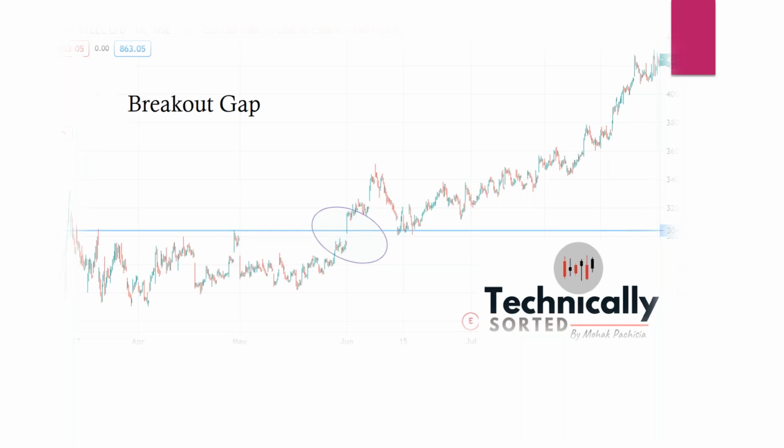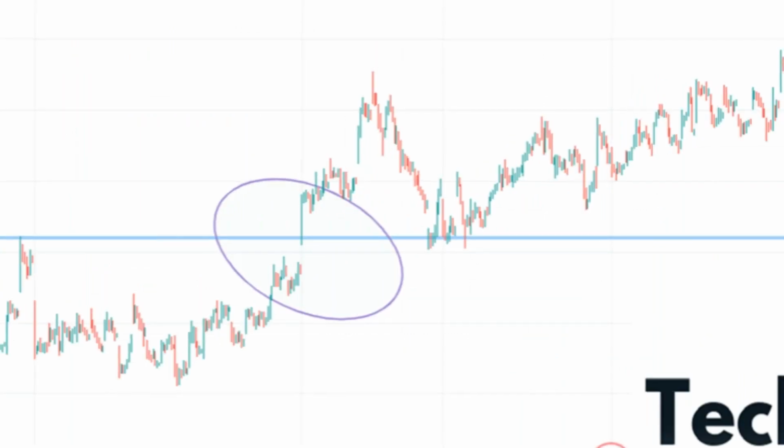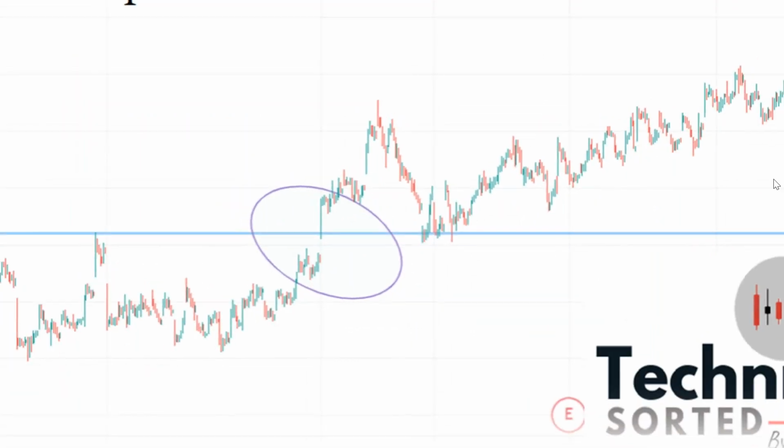Now the second thing is that wherever you see a zone of the gap, in case of strong gaps, be it a breakout gap or not, the zone of the gap, as in the previous day's close or the previous day's high and the next day's low or open, you will see this zone becomes a very strong support area in case of a bullish breakout.